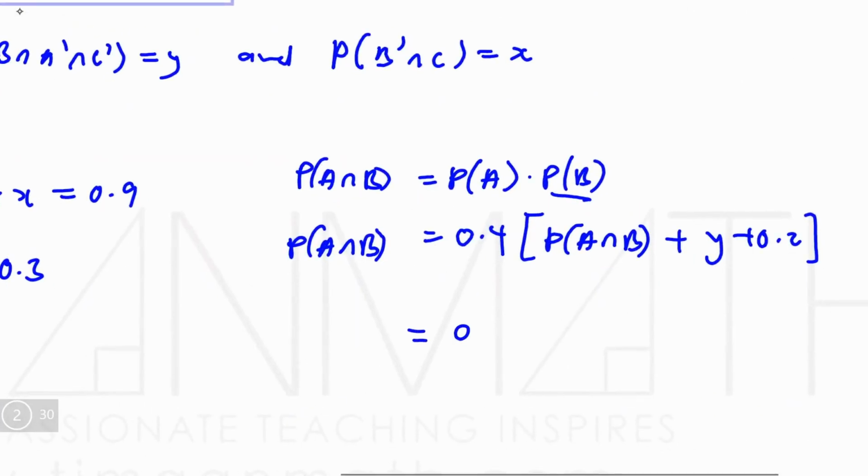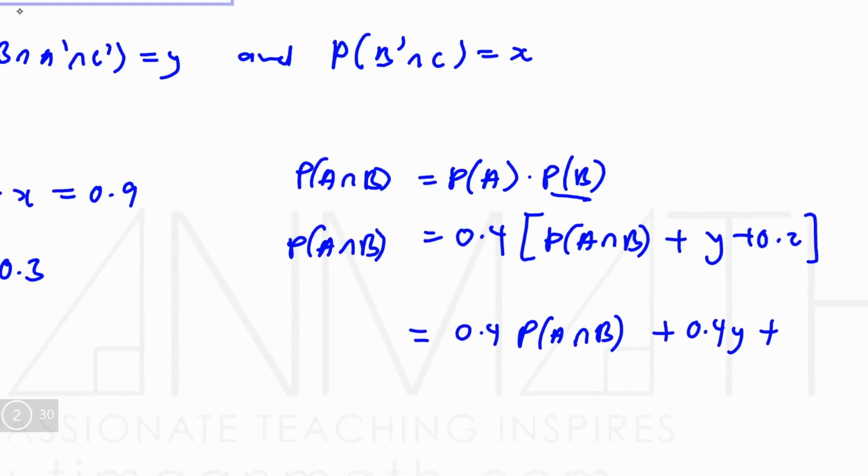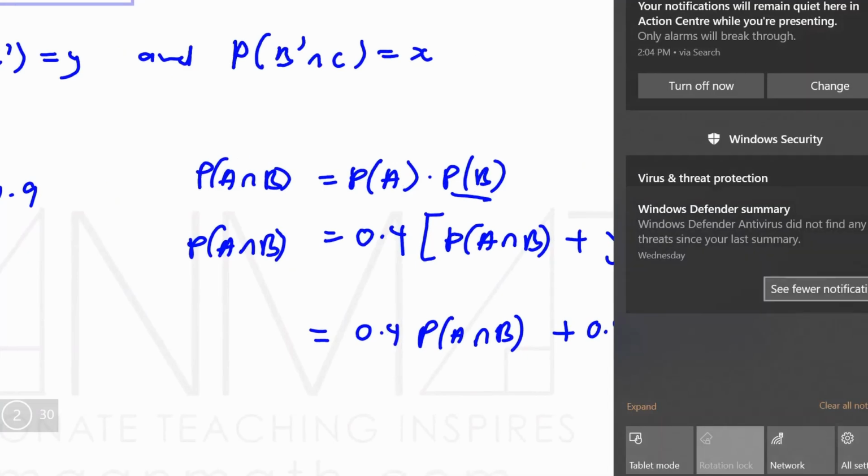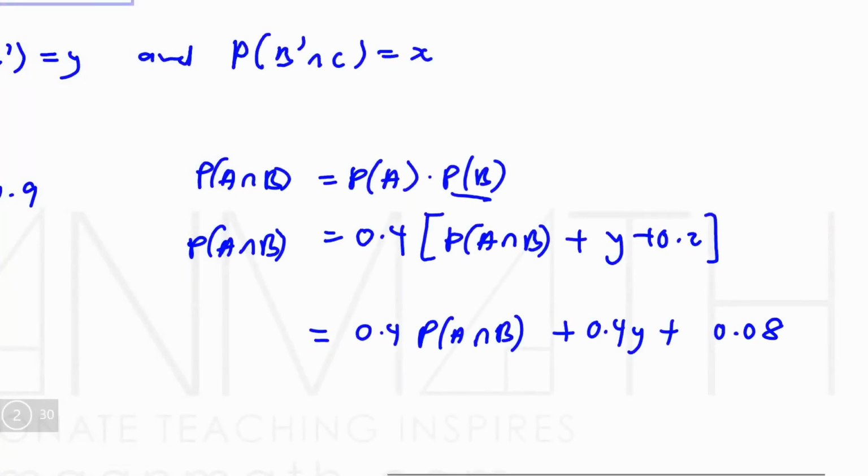So here, 0.4 PA intersect B plus 0.4 Y plus 0.2 times 0.4, 0.008. Okay, then A intersect B will just be 0.6.